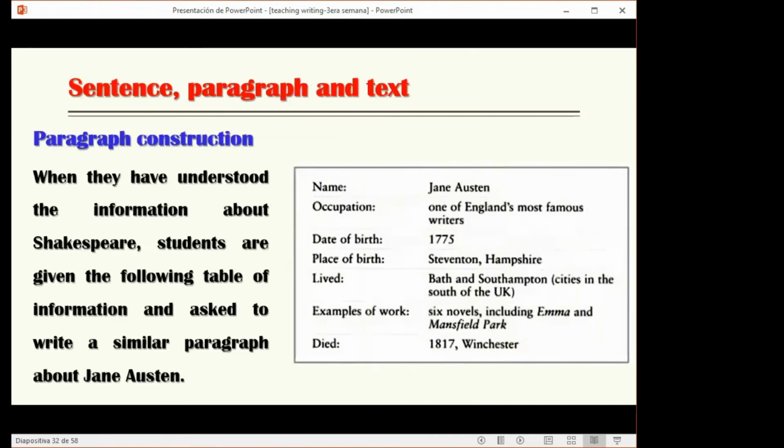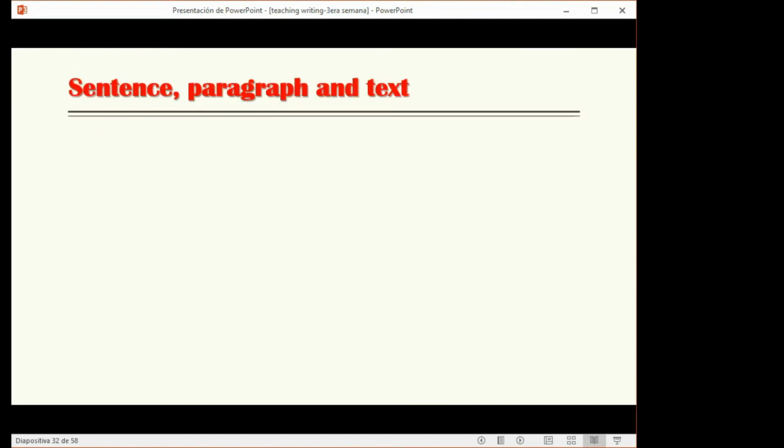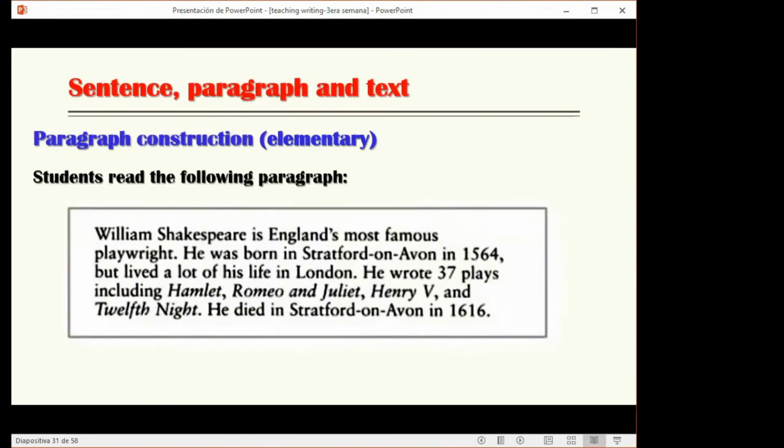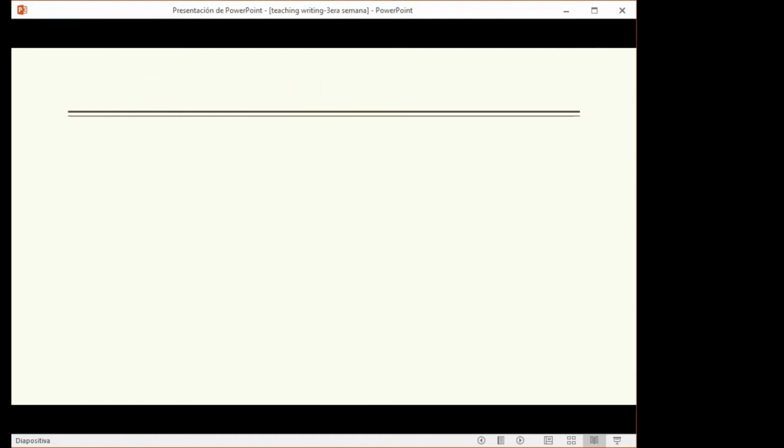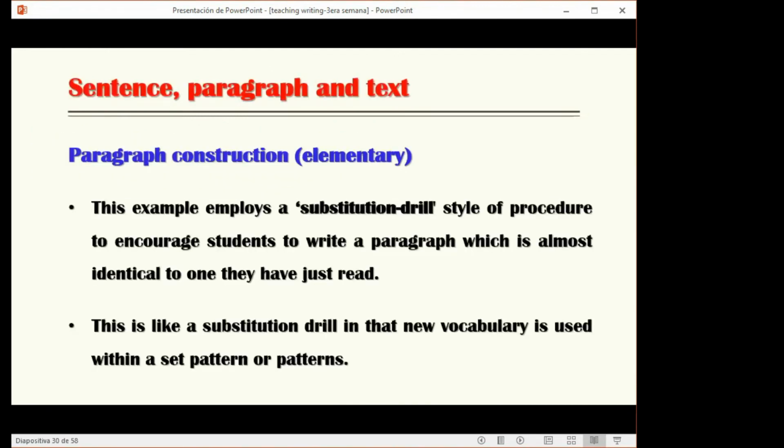She was born in 1775, Steventon, Hampshire. And so they just need to replace. That's why here says substitution. Remember, substitution drill. So they are going to write an almost identical paragraph.